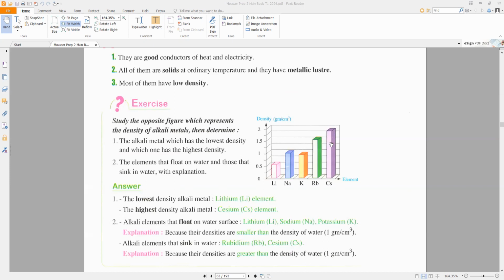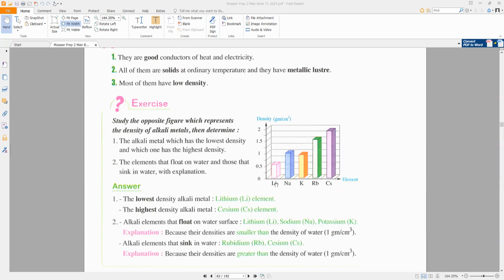So cesium and rubidium have the largest density in group 1A, but lithium, sodium, and potassium have the smallest density. The first three elements, lithium, sodium, potassium, have the smallest density, but rubidium and cesium, the last two elements, have high density.